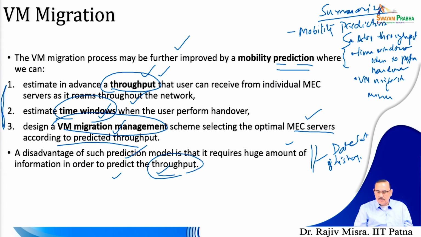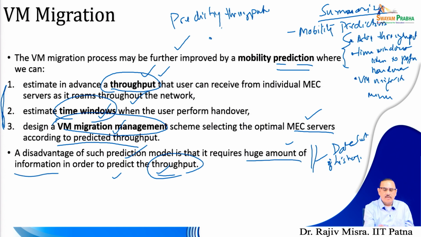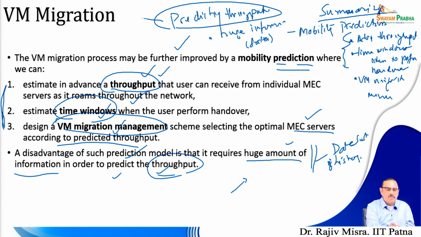This throughput prediction requires a huge amount of information, that is called the data. Once this data is available, it can predict the throughput, and this throughput prediction can then be used here for VM migration management.